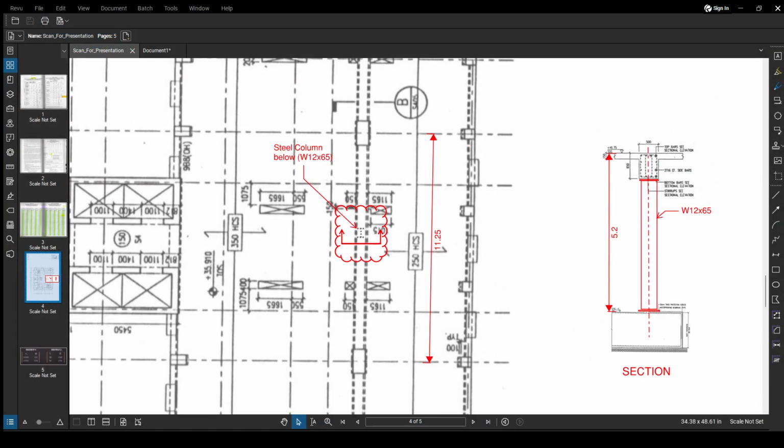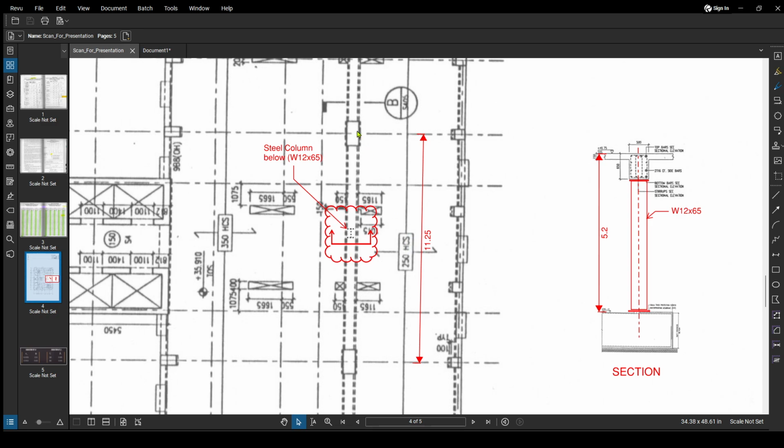Here we have an existing floor framing plan. It's a concrete floor with a deep beam. The length of the beam is 11.25 meters, or equivalent to 37 feet.